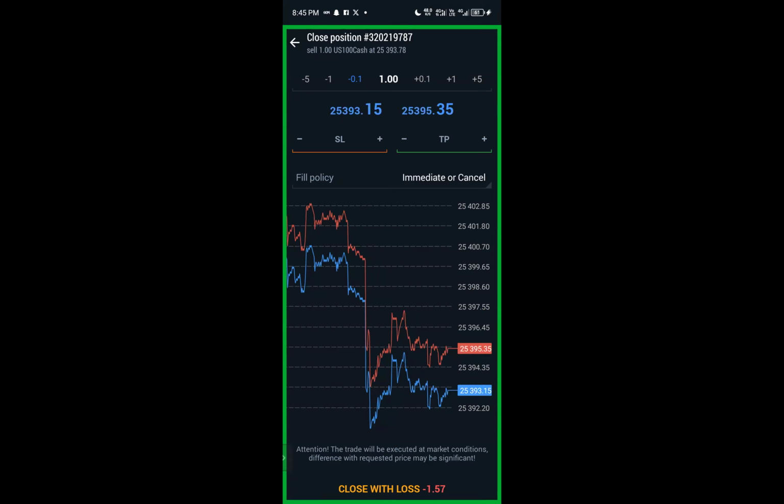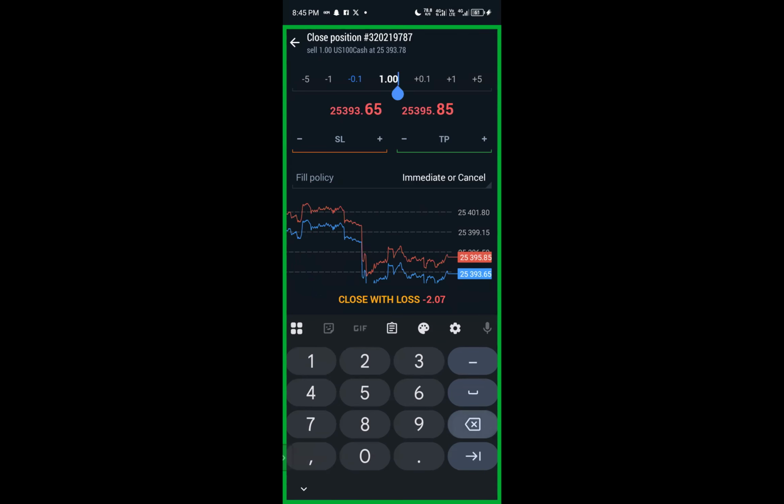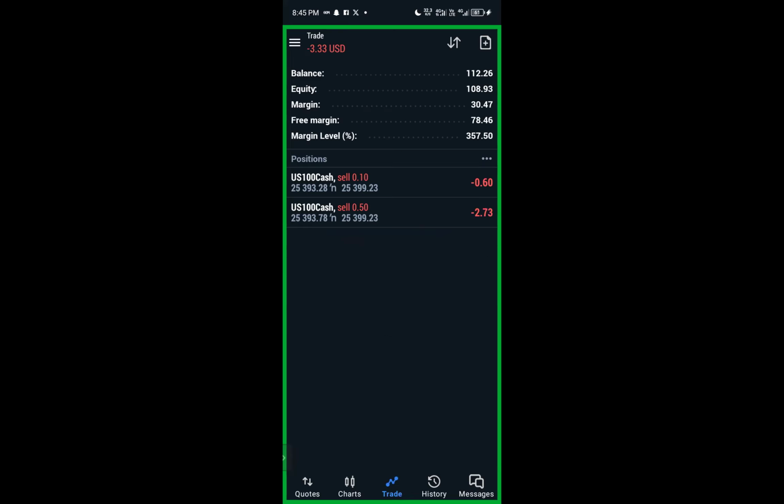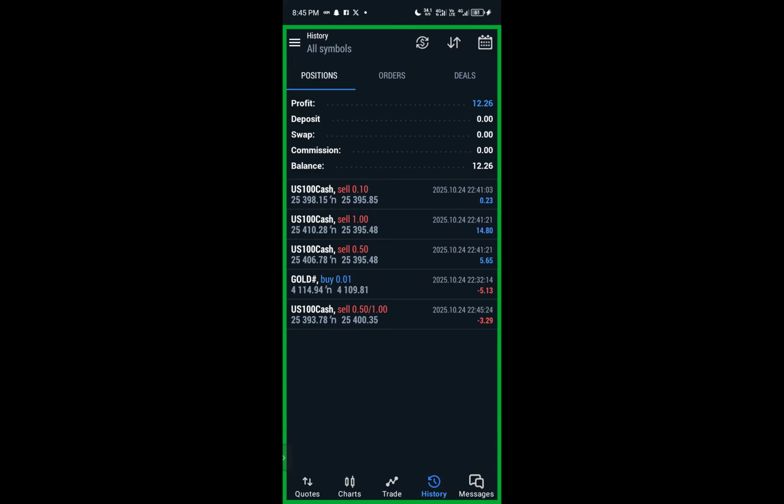So you change the lot size to 0.50. Yeah, close. Can you see that you just closed half of your position? Go to history. You see now, you just closed part of your position. We call it partial loss. Do you get? That is how you do it.